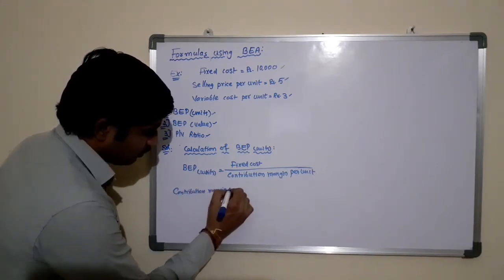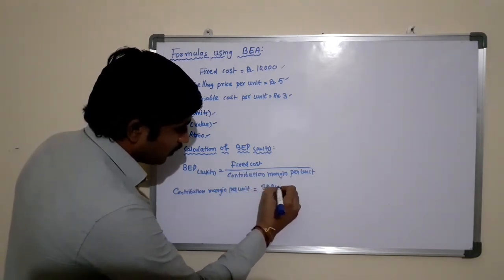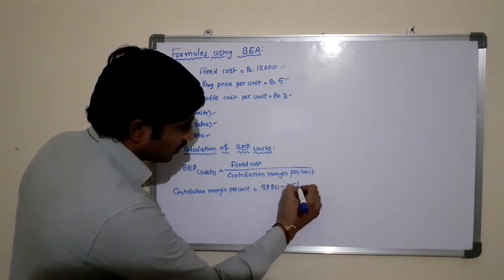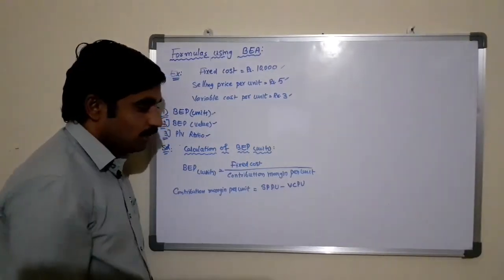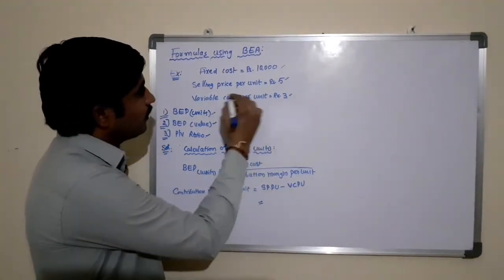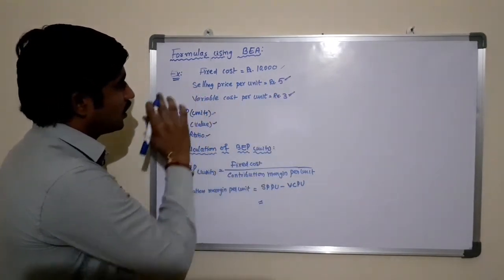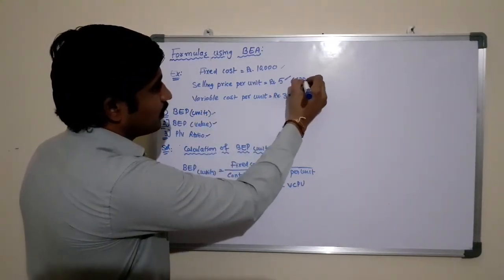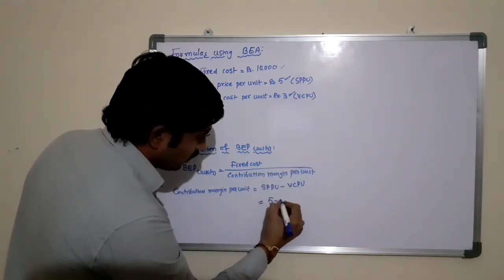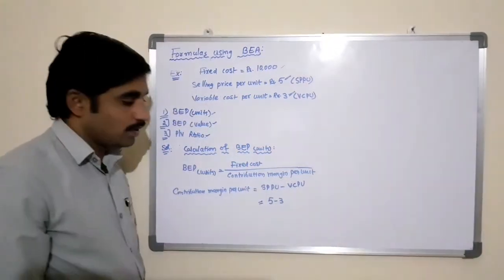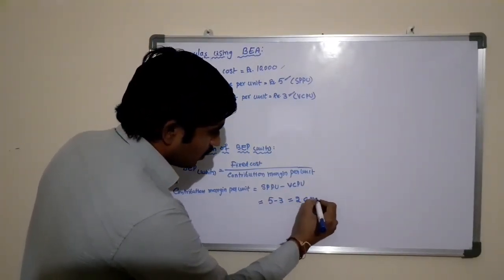Contribution margin per unit equals selling price per unit minus variable cost per unit. SPPU means selling price per unit, VCPU means variable cost per unit. From the given information, what is the selling price per unit and variable cost per unit? 5 rupees is the selling price per unit, and the variable cost per unit is 3. So 5 minus 3 equals 2, which is the contribution margin per unit.